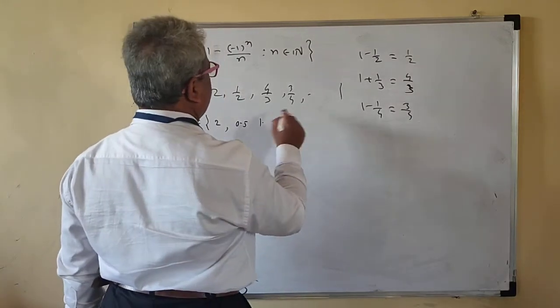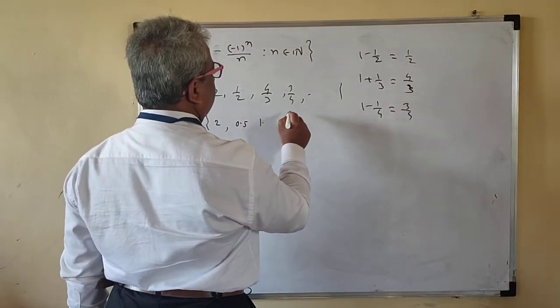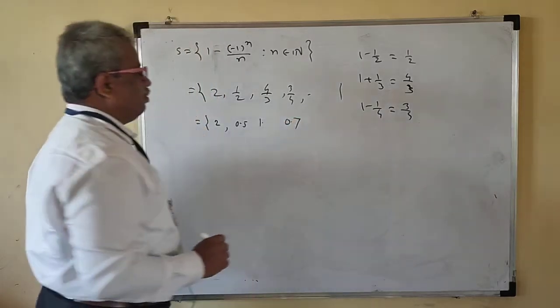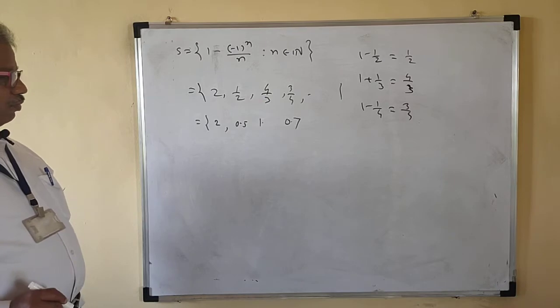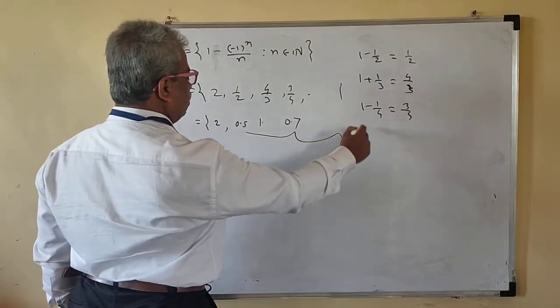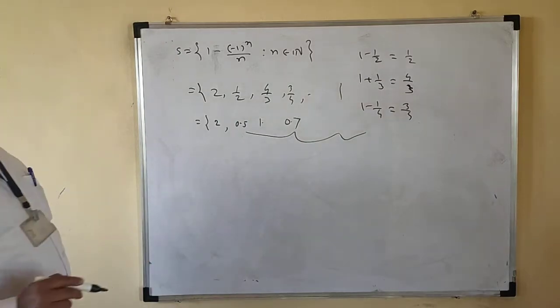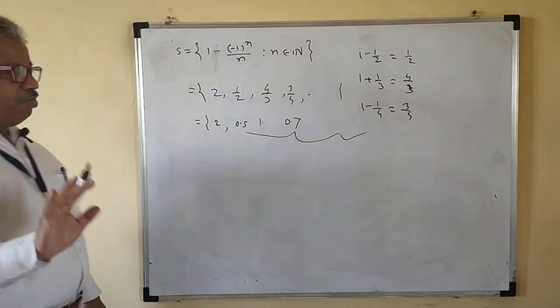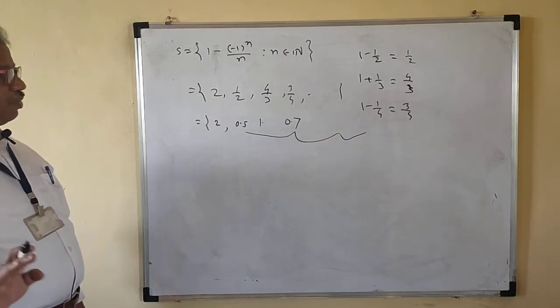Now see here, this becomes greater and greater, and this middle one becomes smaller. But this is 1 point something.